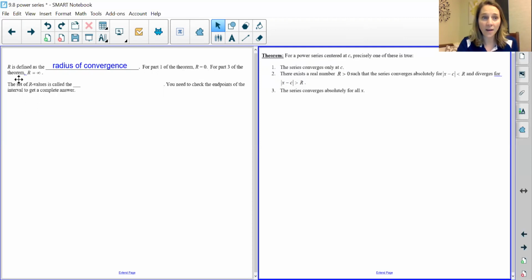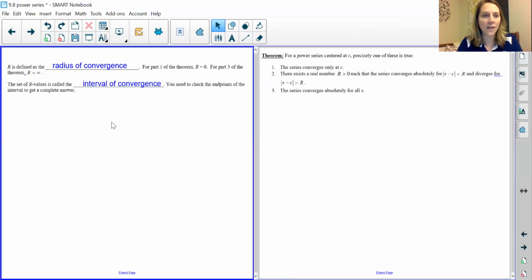For part 3 of the theorem, the radius is infinite, and that means that the series converges absolutely for all x's. The set of x values is called the interval of convergence, and in this case, this is kind of case number 2, where we just have one scenario in which we would converge.